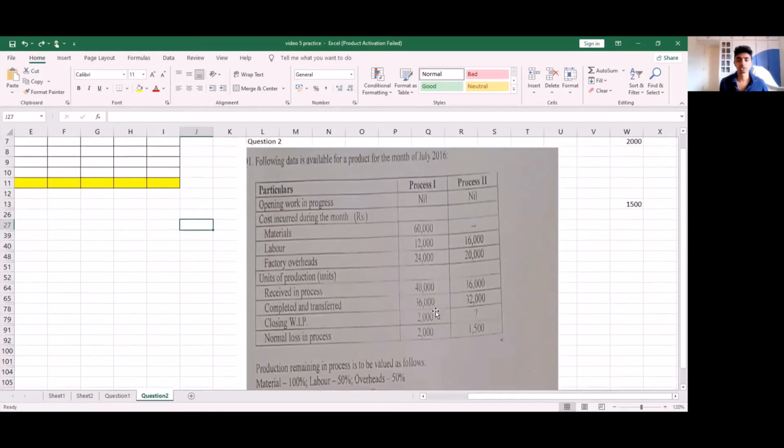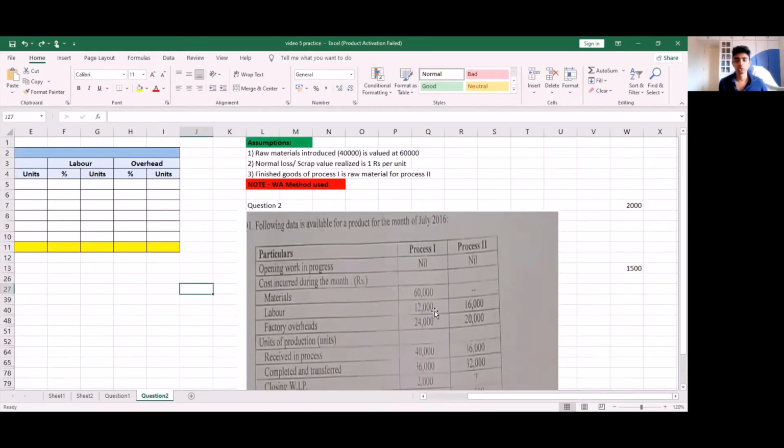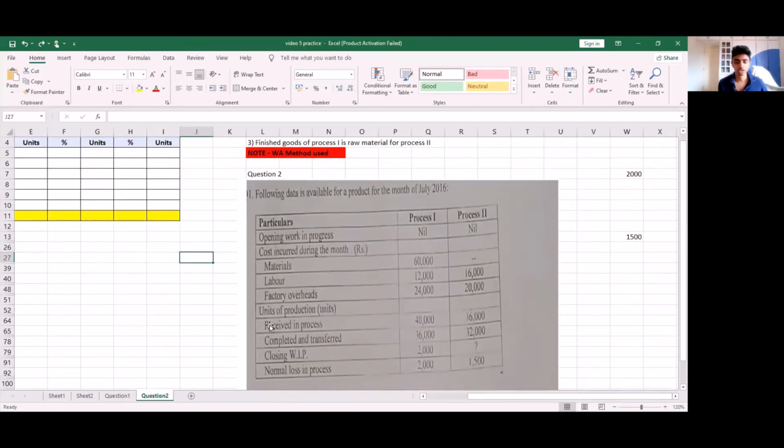So before starting this question, we have to make a few assumptions. Here we have been given that received in process is 40,000. We're also given that the material cost is rupees 60,000. So we assume that there is an interconnection between the two, that the received in process or our input of 40,000 costs us rupees 60,000.